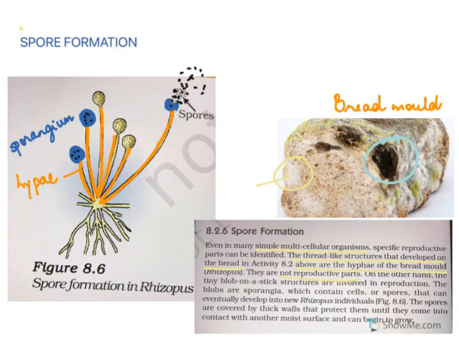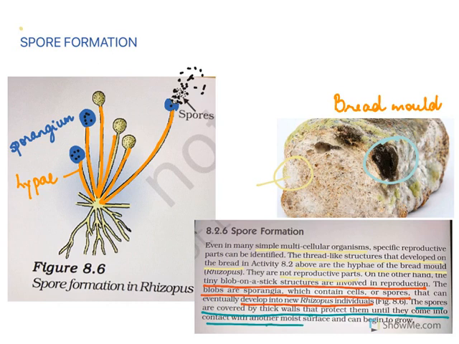On the other hand, the tiny blob-like structures that are involved in reproduction are called the sporangia, which contain cells or spores that eventually develop into new Rhizopus individuals. The spores are covered by a thick wall that protects them until they come into contact with another moist surface and can begin to grow.